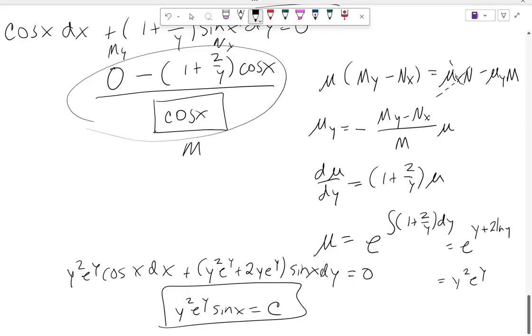You can check that actually works. How did I do that? I've done differentiation probably for the last 40 years of my life. I'm looking, this has to be the derivative with respect to x, and this has to be the derivative with respect to y. If I just look at this piece right here, the derivative of that is this thing.